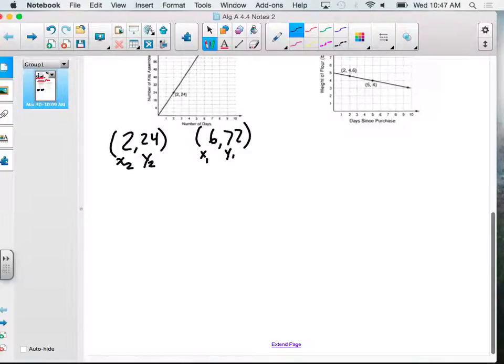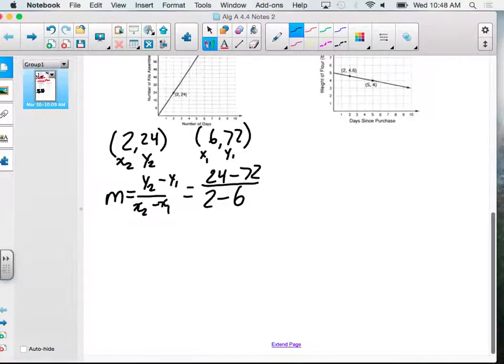Then, what do we do from here? Do m equals y2 minus y1, which is 24 minus 72. I'm just going to rewrite that. So, y2 is 24, y1 is 72, so 24 minus 72 upstairs, and x sub 2 minus x sub 1, 2 minus 6 goes downstairs.